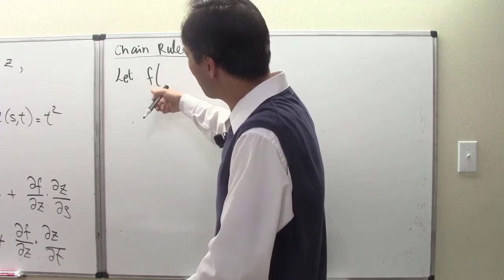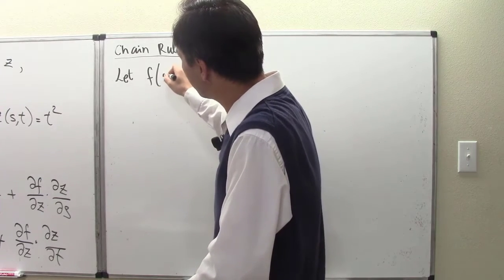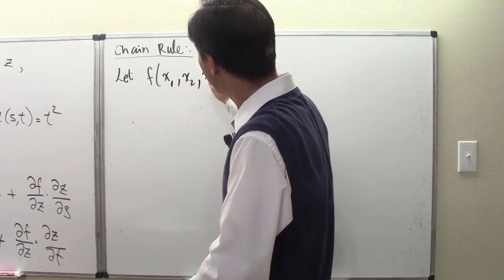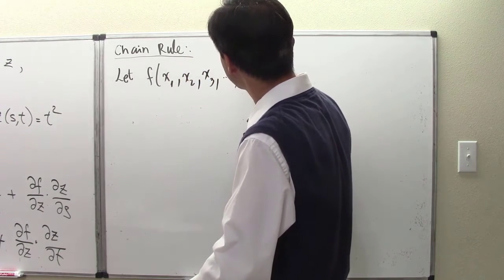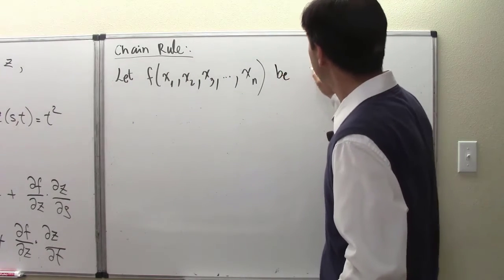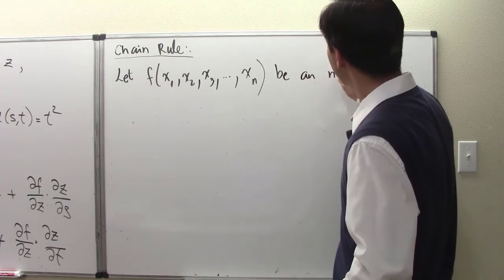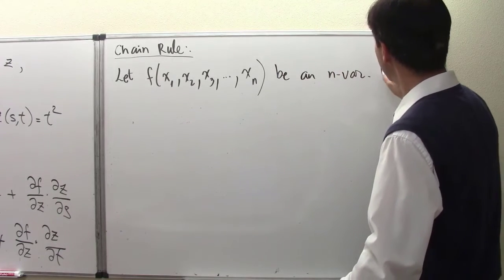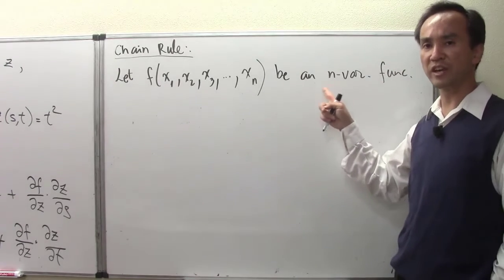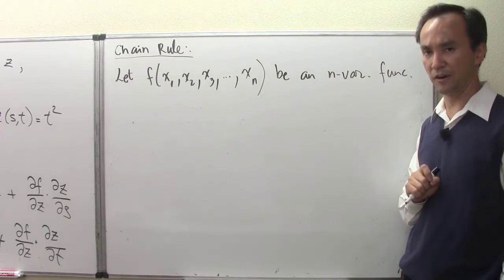But I'm gonna say let's have a function of some n variables, x1, x2, x3 up to xn. This is a function of n variables. Okay, a function of n variables. That's why my shorthand notation is n var. Okay, n variables function.